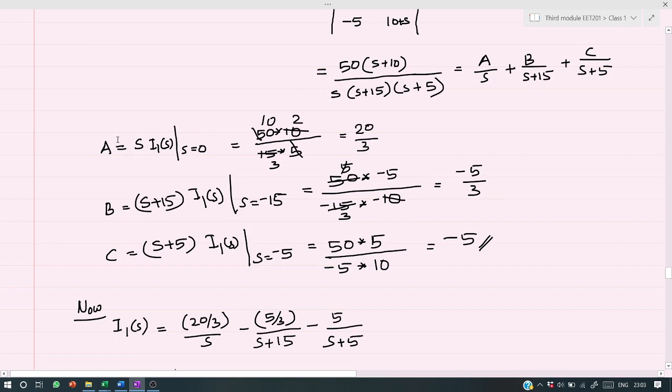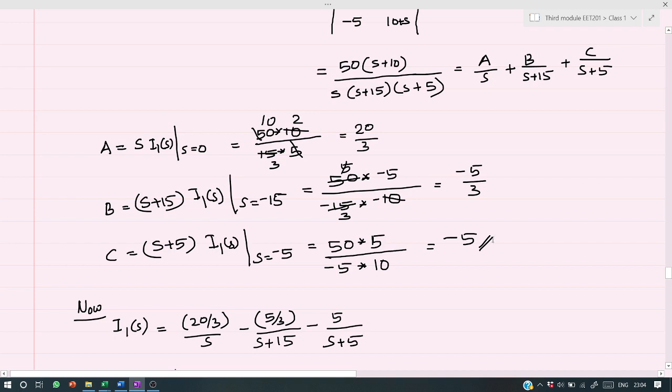After solving, we obtain A as 20 by 3. Similarly, we can obtain B by multiplying with S plus 15 and putting S equal to minus 15. After solving, B is minus 5 by 3. Similarly, we can obtain C by multiplying with S plus 5 and putting S equal to minus 5. After solving, C is minus 5.